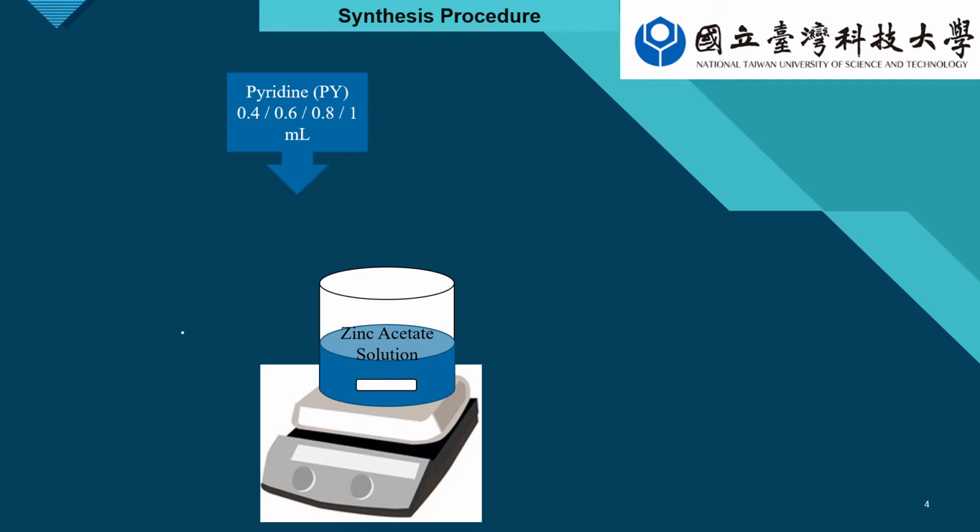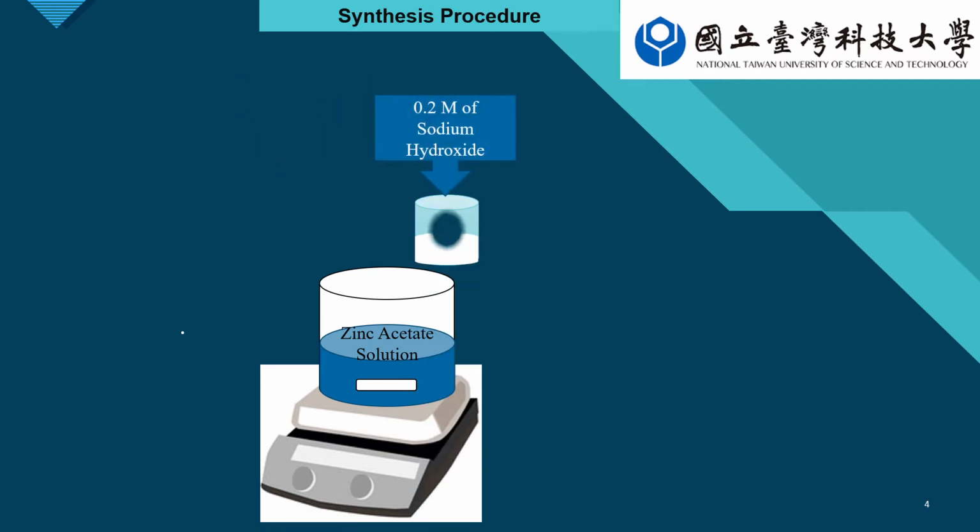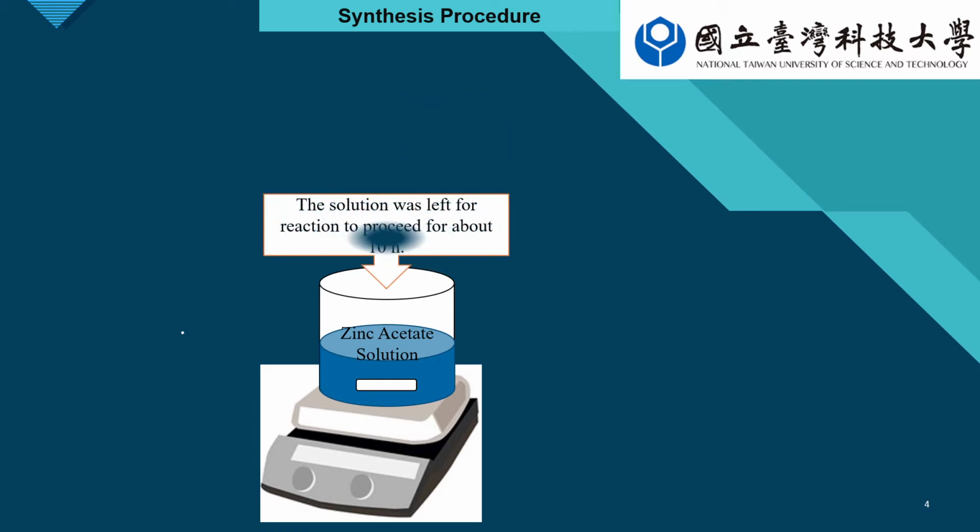And then 0.2 M sodium hydroxide was dropped into the above solution to reach a pH value of 12. The solution was left for the reaction to proceed for about 10 hours.